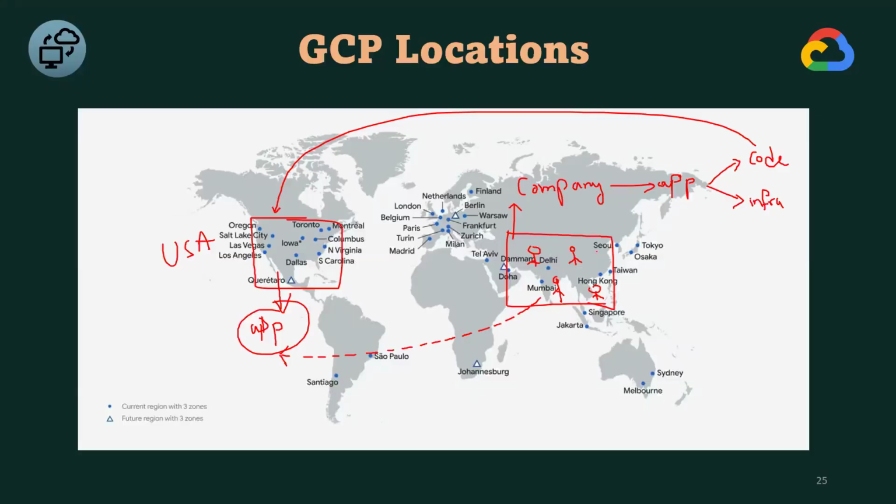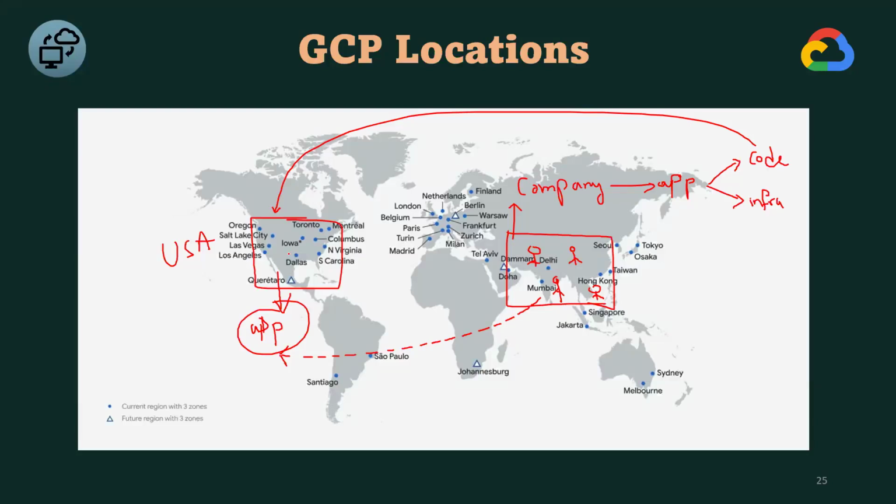All the way from India, they have to connect to the USA data center where the application is available. So they are going to face a lot of latency issues, network lag, and the application may not be available at all.